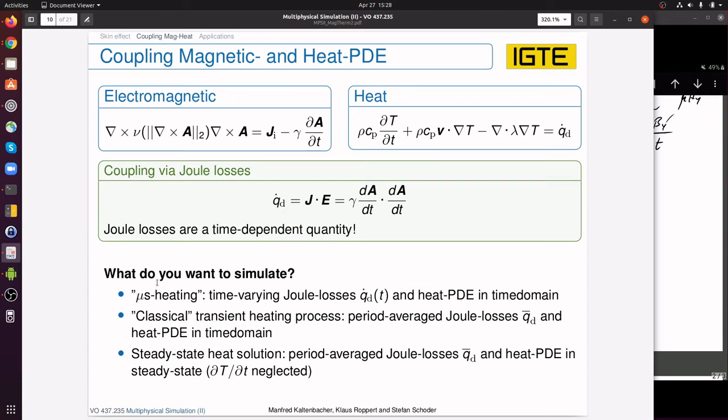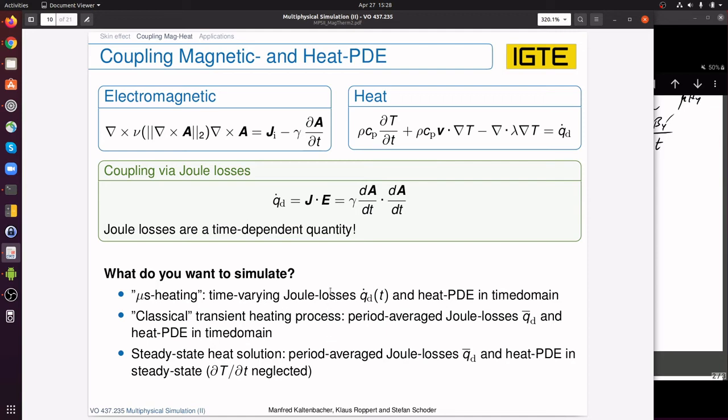If you want to heat up very thin objects, maybe these objects heat up with time constants that are in the range of your electromagnetic problem, which is unusual, but maybe there are some materials that behave that way.